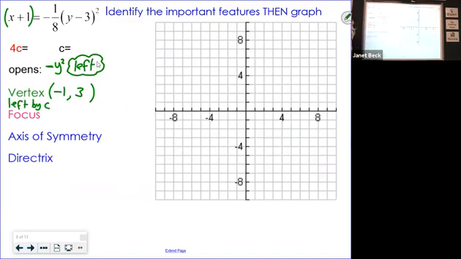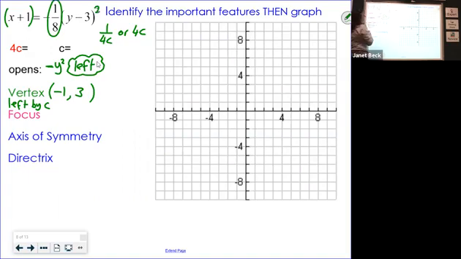So I have to work out what c is, my focal length. So now I look at the coefficient, I take just the absolute value of the coefficient, I'm not caring about that negative anymore. And I look at that and I say, have I been given 1 over 4c or have I been given 4c? Have I been given the complicated form or the easy form?